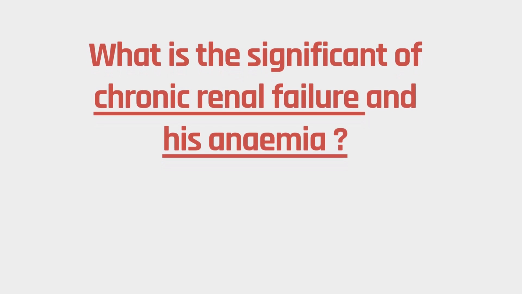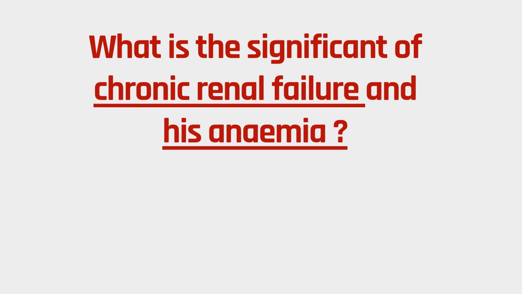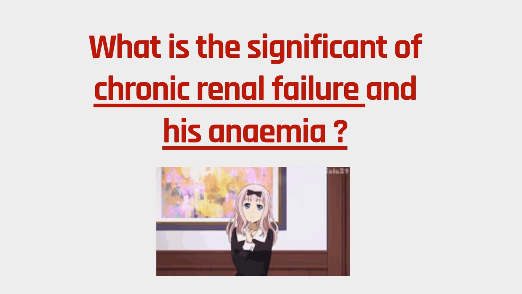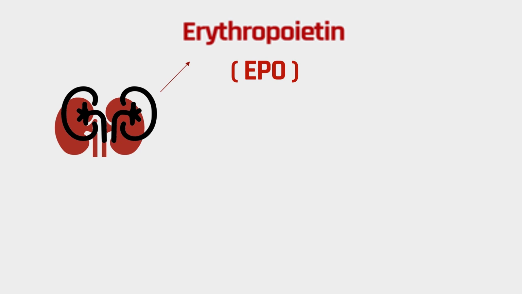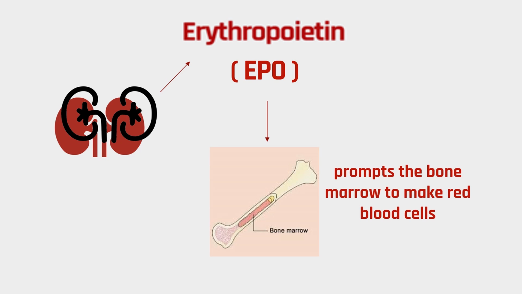First, what is the significance of chronic renal failure and his anemia? To start off, we need to know that a healthy kidney will produce a hormone called erythropoietin, EPO. EPO prompts the bone marrow to make red blood cells, and these red blood cells circulate throughout our body, helping to carry oxygen.